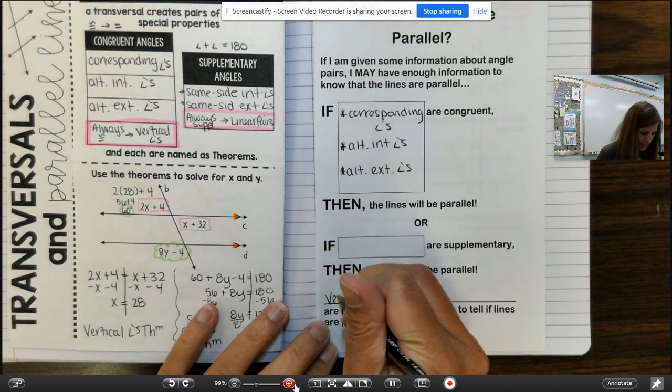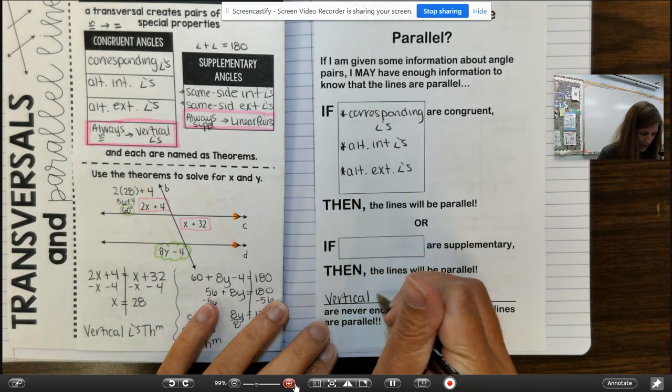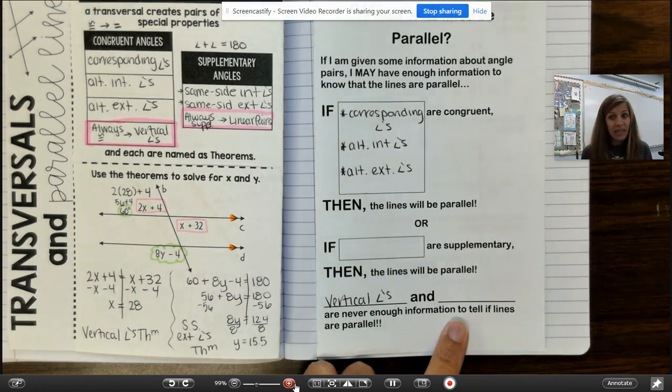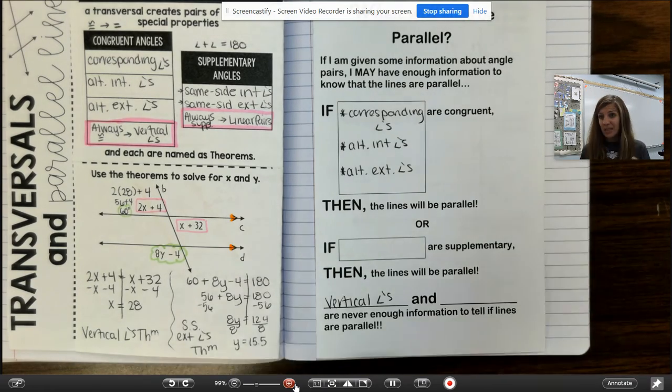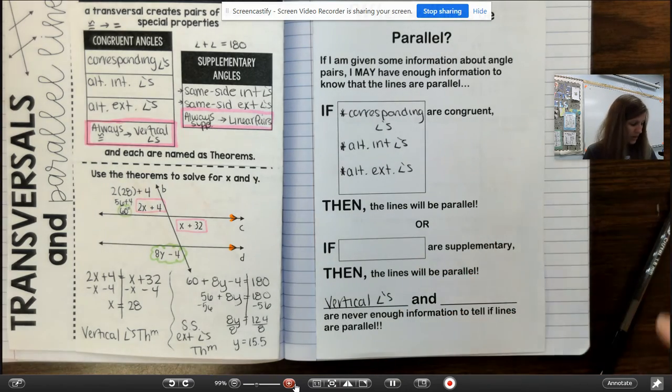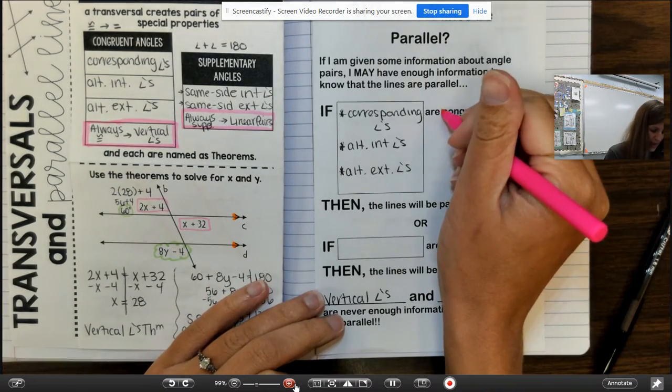Vertical angles are never enough information. That will not ensure that your lines are parallel. Essentially, you just need two lines crossing to get vertical angles, and they're always congruent. So it won't ensure that the line below is at that same angle, making it parallel. So that's one way, and that's when these things are congruent.